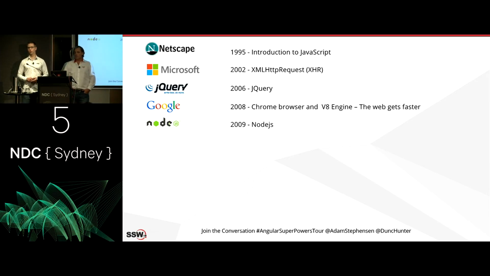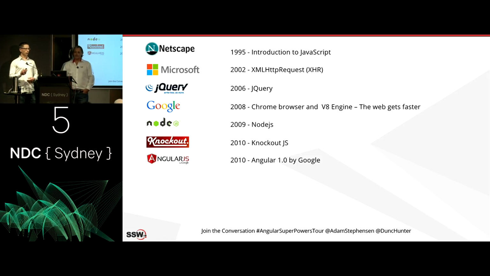We saw JavaScript on the back end, but more importantly, the front end got a package manager, the Node package manager, which is the predominant thing that a lot of us across lots of backends are using for our front end package manager. 2010, we saw Knockout for data binding, and now it's kind of been knocked out. And then we got Angular in 2010 as well, version 1. So it's now about 6 years old. So they've learnt a hell of a lot being the dominant front-end framework over the last 6 years, but it's definitely getting a bit dated.